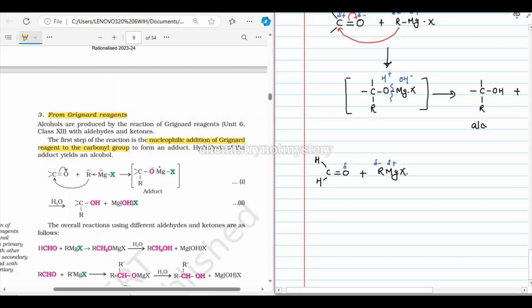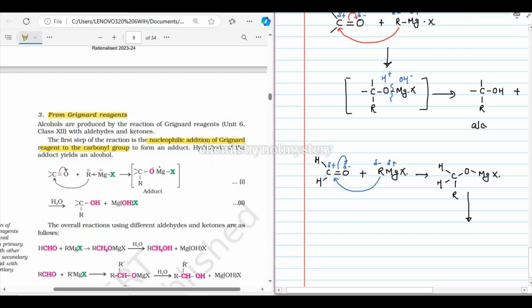And here oxygen is delta negative, so carbon will be delta positive. So the alkyl group will get attached to the electropositive carbon and the pi bond will move over to oxygen. As a result, you will get H, C, H, with the alkyl group attached to the carbon, and oxygen making a bond with magnesium and halogen.